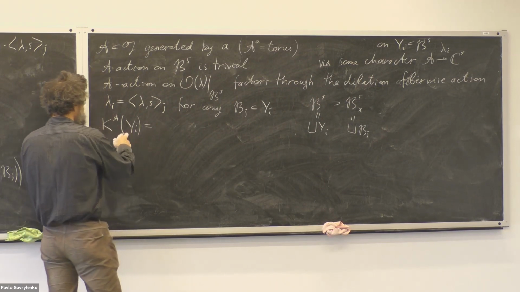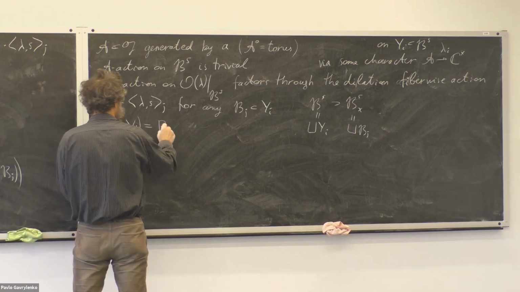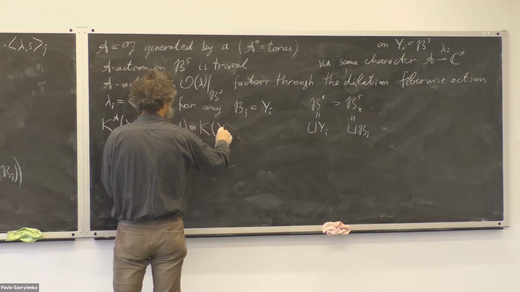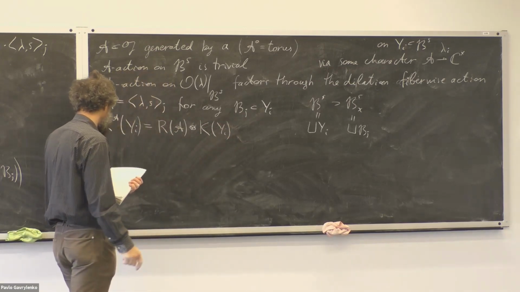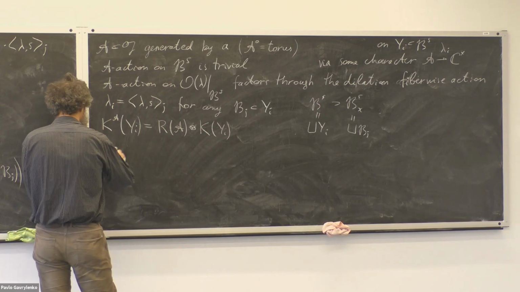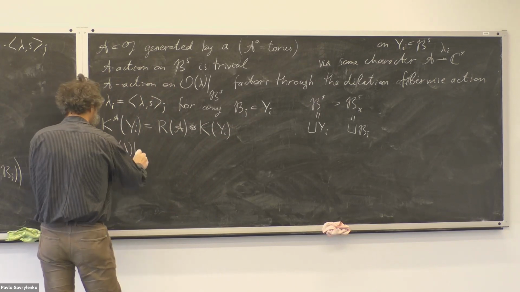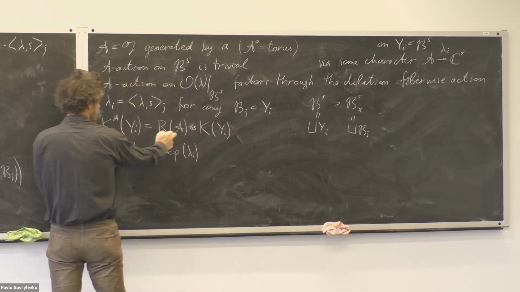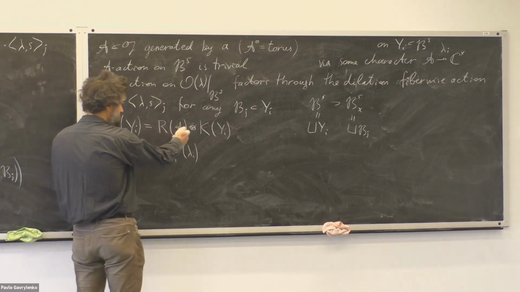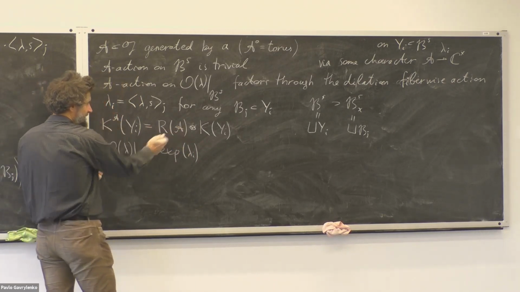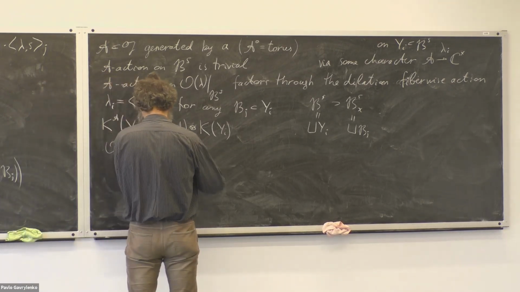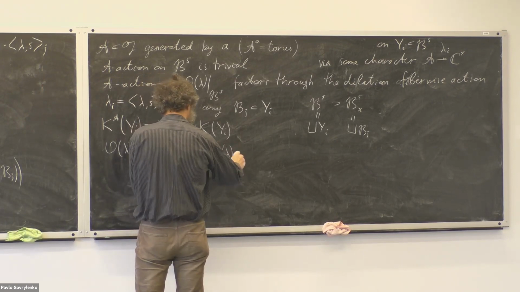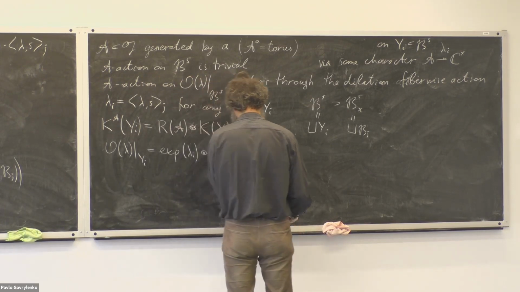Again, because A does not act on Y_i, this is just the product of the representation ring of A and non-equivariant K-theory of Y. And from this, the class of the line bundle restricted to Y_i is just the product of exponent of lambda i in this part, because the action factors through this character lambda i of the group A, times the class of O lambda on this component.